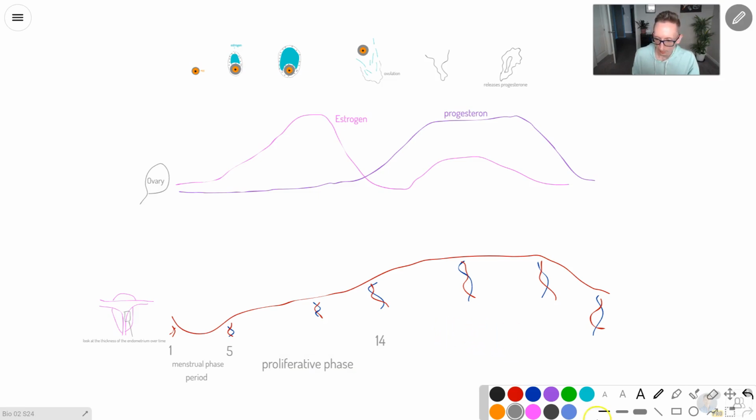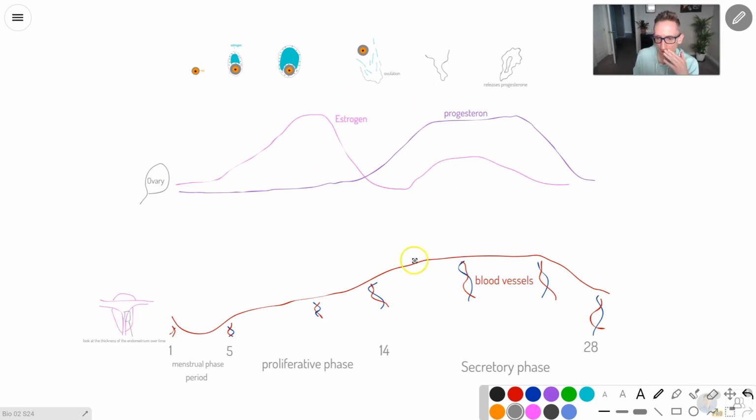I guess I should put, these are blood vessels. So then from 14 to 28, this is your secretory phase, when hormones are being secreted. Okay.